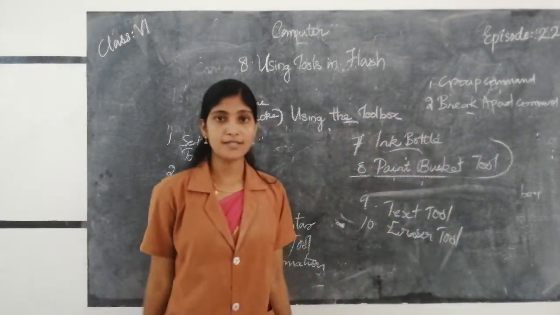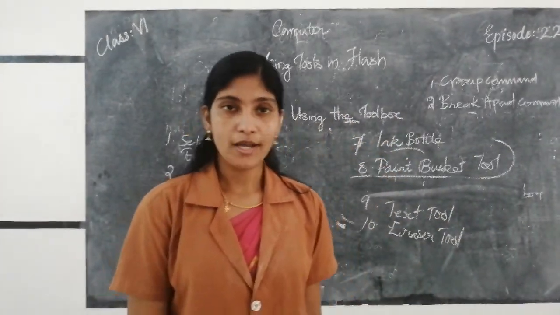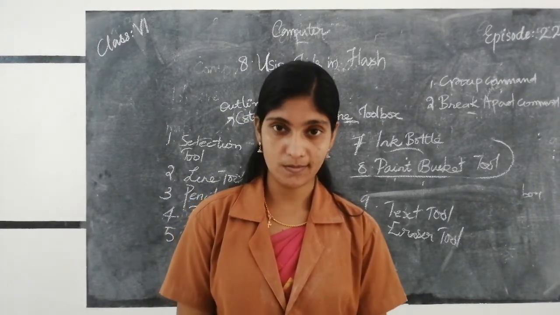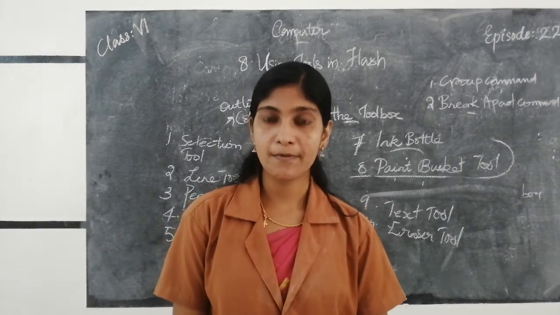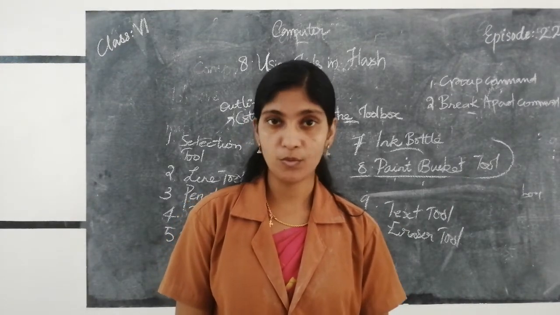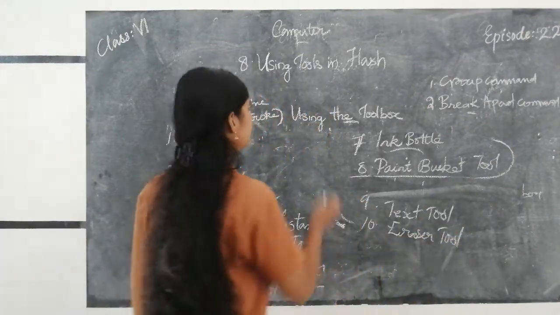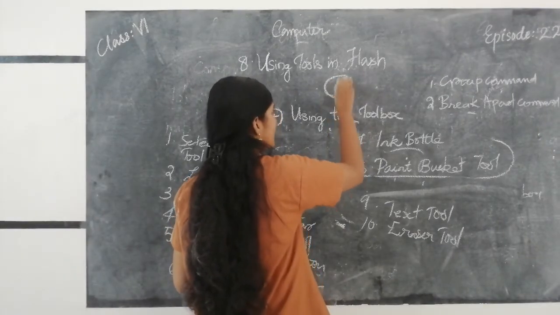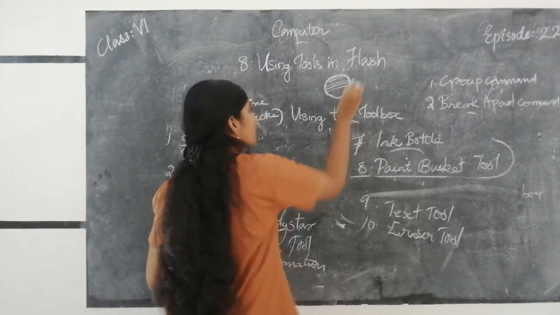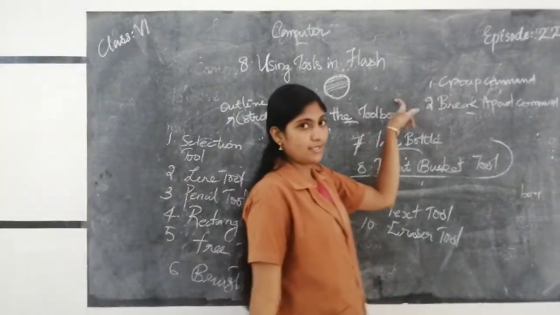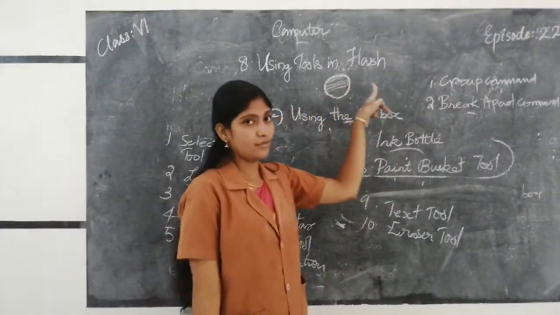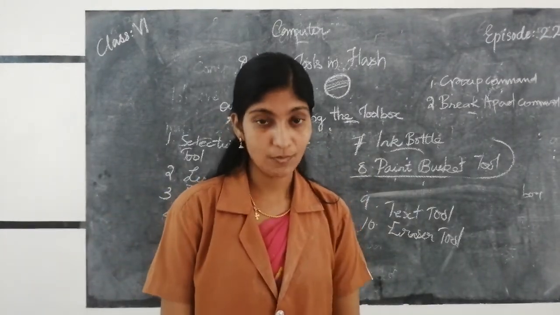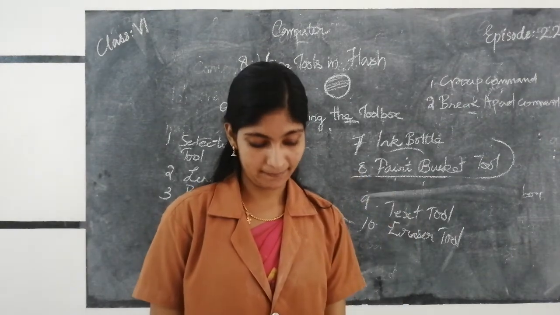Then what do these commands mean? First, the group command. When you draw an object, the fill portion is separate and the stroke part is also separate. So this could be a problem while transforming or moving the object. For example, just imagine this is your object. We know it has two parts, an outline part and a filled part. If you want to move an outline part to this area or a filled part to this area, some problems occur while transforming the part.